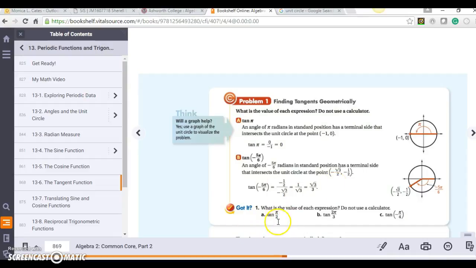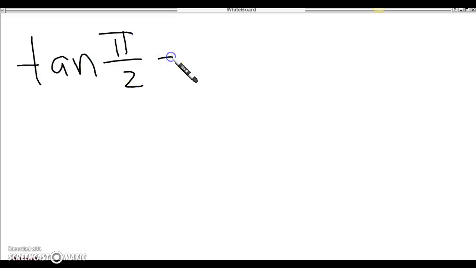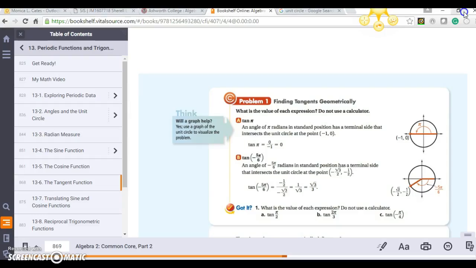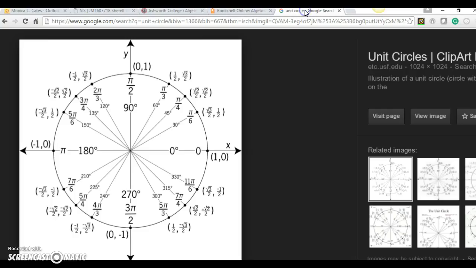Let's do it by ourselves now. So we have tangent of pi over 2. Okay, let's look at where pi over 2 is on our unit circle. Pi over 2 is right here at (0, 1).